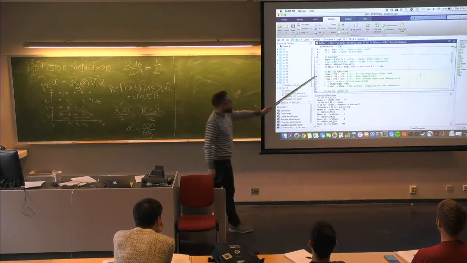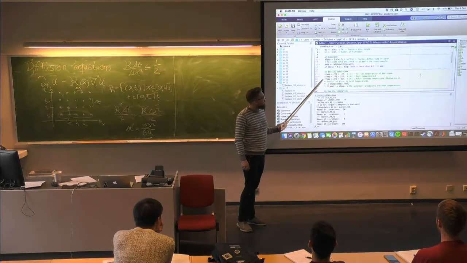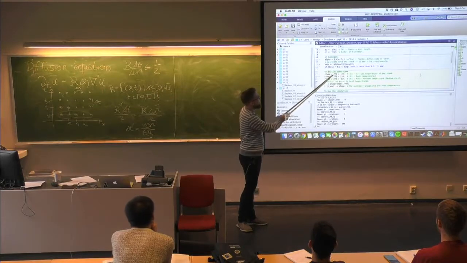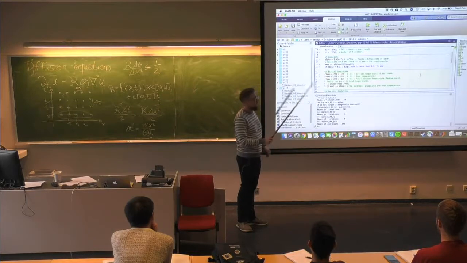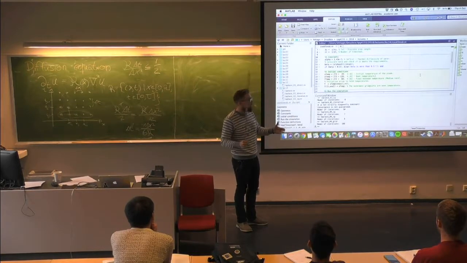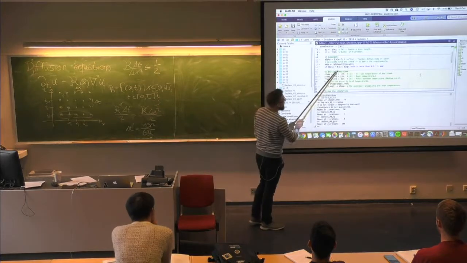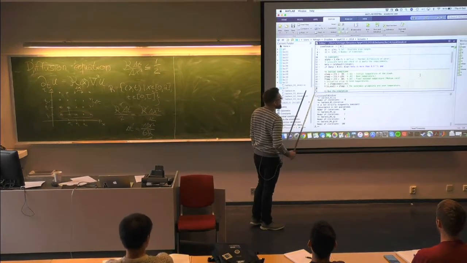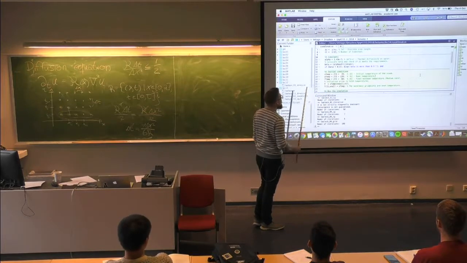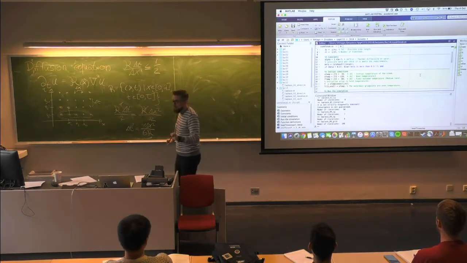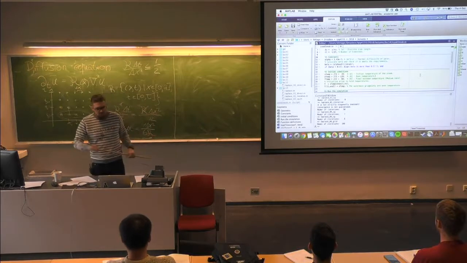I need the oven temperature, and then I need the final minimum temperature of my steak. I add 273, that's the difference between Kelvin and Celsius. It's easier to do everything in Kelvin. So the initial temperature of the steak is 20 degrees, room temperature. The oven is set to 120 degrees Celsius, and the final minimum temperature of the steak should be 60. Kill the germs.